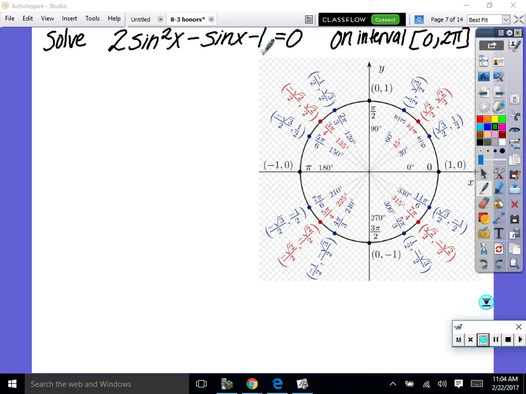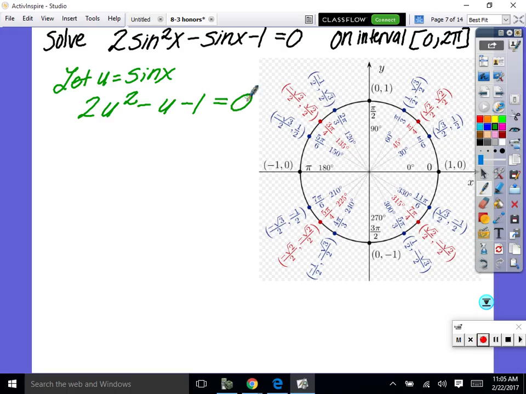So we're going to make a u substitution. I'm going to say, let u equal sine of x, so that I can think of this as an easier term. So that would be 2u squared minus u minus 1 equals 0. Now let's factor that. We'll multiply to be negative 2, adds to be negative 1. 1 times 2, it'll be negative 2.